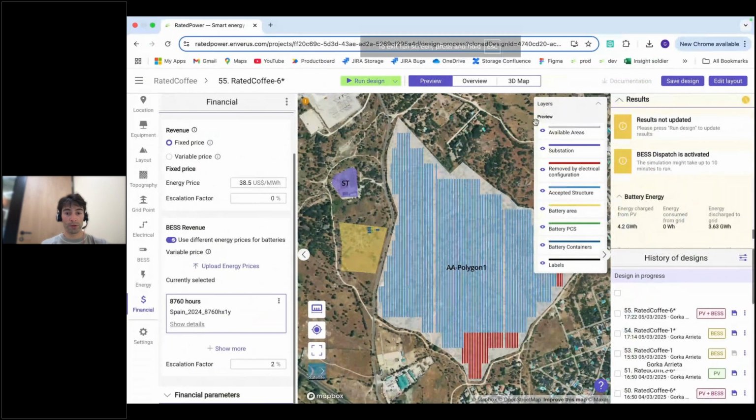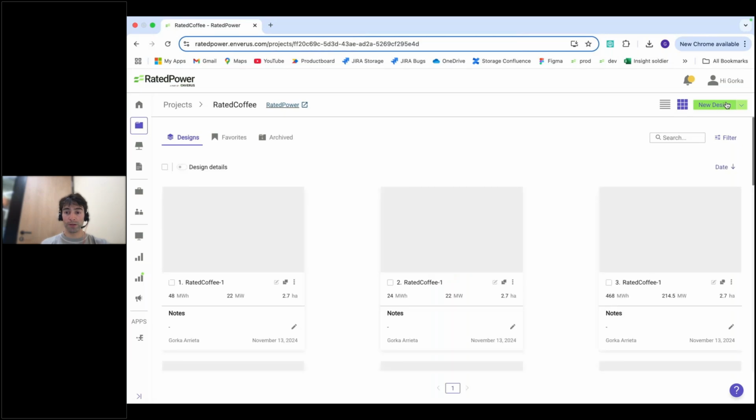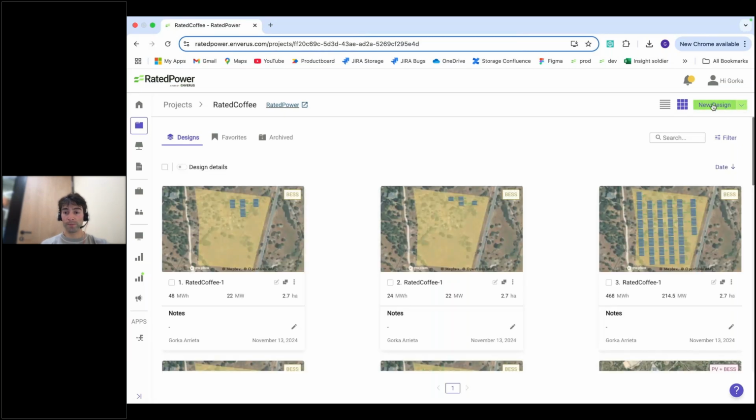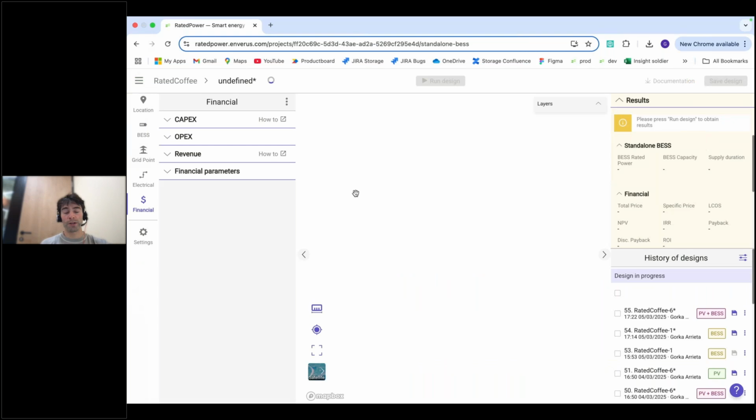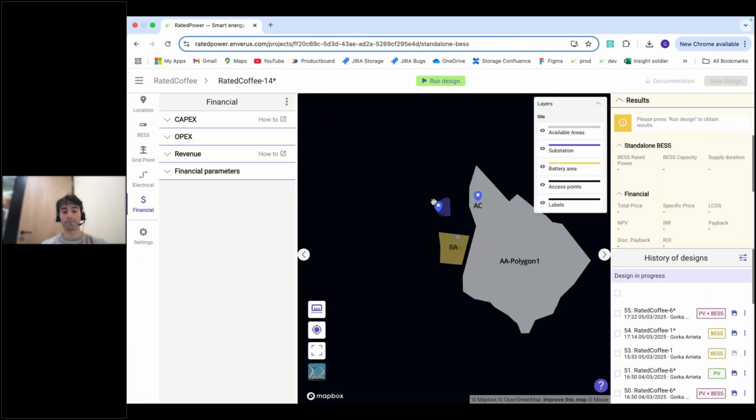If we go back to the main page, you can click on new design. When clicking on new design, you can choose PV design or standalone. If you're doing hybrid, you choose PV design and then activate the battery system. If you are doing standalone, you click here on standalone and you start your new design from scratch.